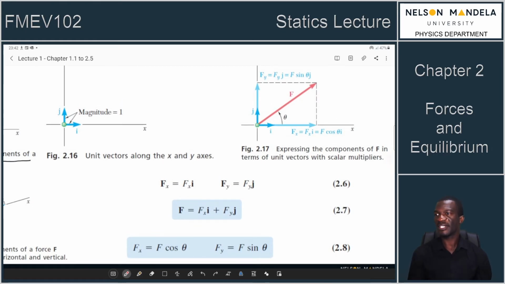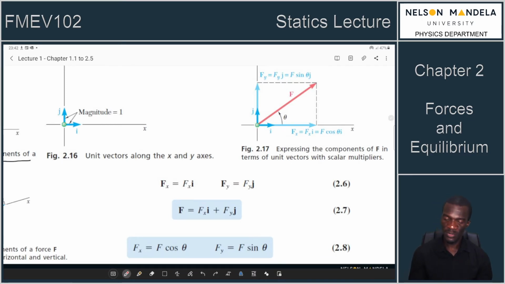So figure 2.17 is just giving us the basics of expressing our vectors in components. So we've got our vector F, and this vector has got components in the x and y. So how do we express them? We write the x component as the symbol of the vector with a subscript x.